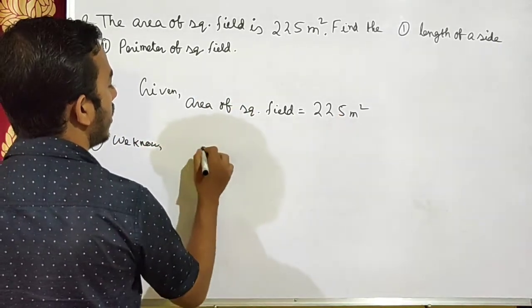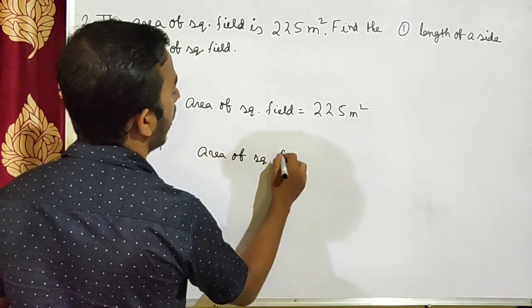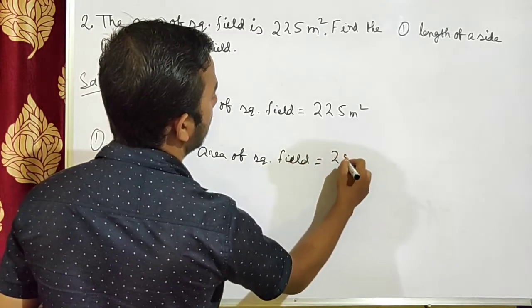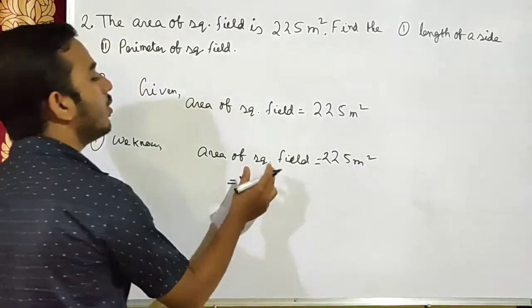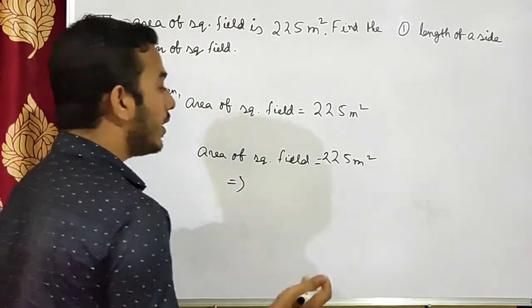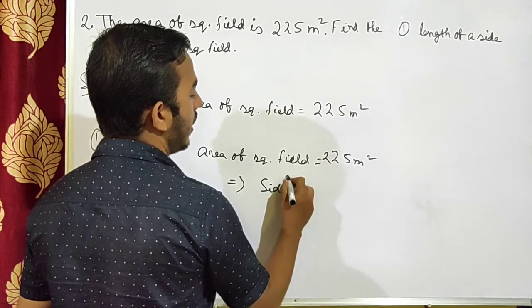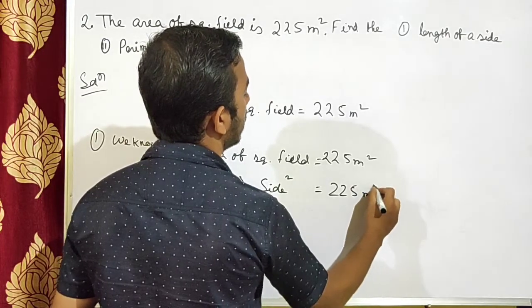Given, right? Area of square field equals 225 meters square. And we know what? The area of the square field formula is what? Side square, isn't it? Side square equals 225 meters square.